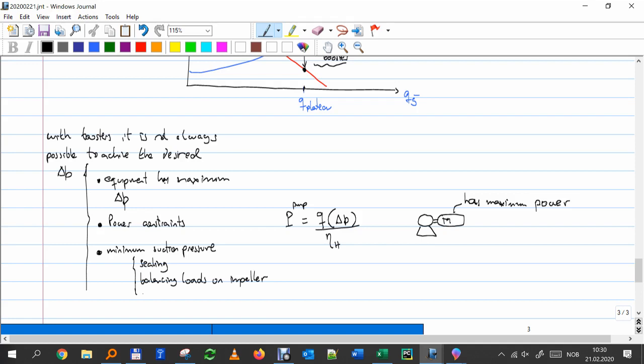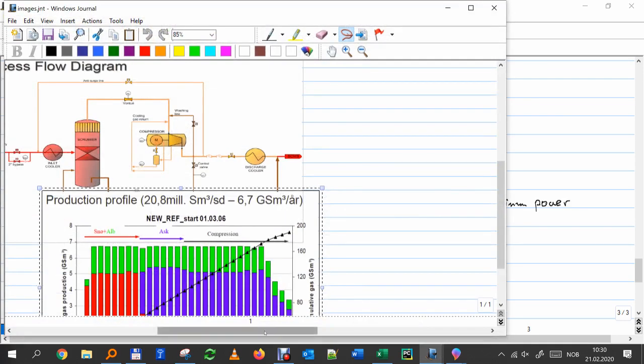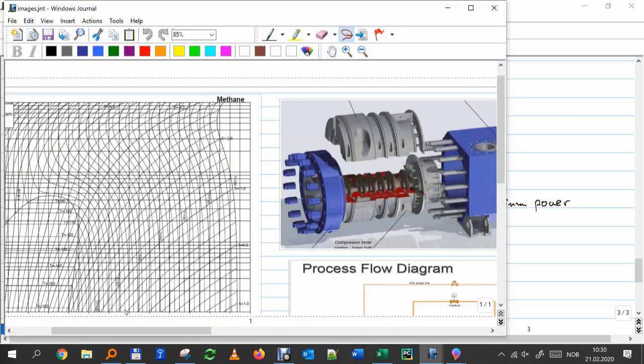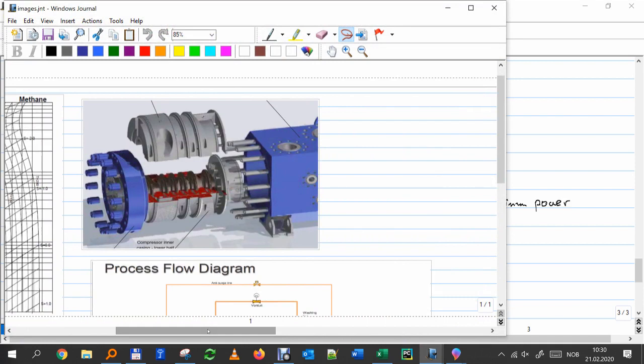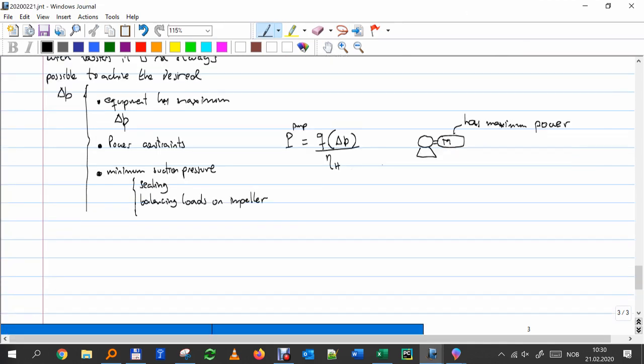All of you know how a compressor or pump looks like, right? No? Okay, well, I think I have some pictures, but it's not nice to show pictures. I prefer to make the sketch.